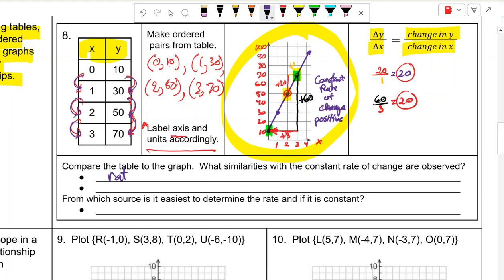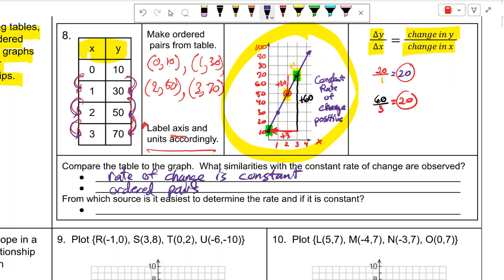So we'll say rate of change, let's say, is constant. What's something else that we see? We see ordered pairs from both. Ordered pairs can be done from either one, the graph or the table.